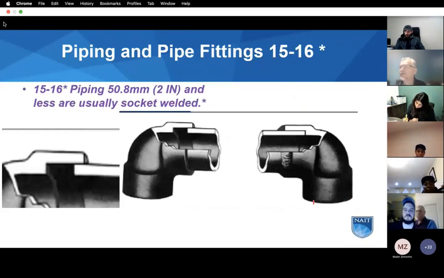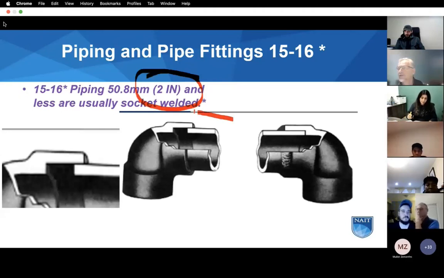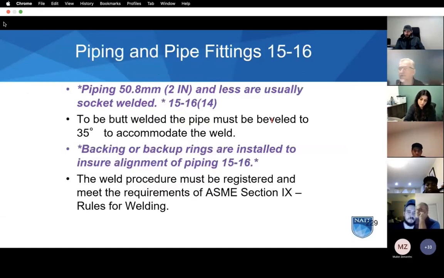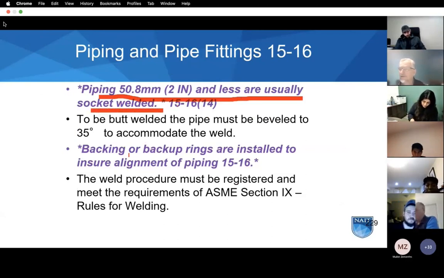Something called socket weld: smaller piping under 2 inches is generally put together where there are fittings. They have a friction fit together and then they're welded to seal. Piping under 2 inches is usually socket welded.